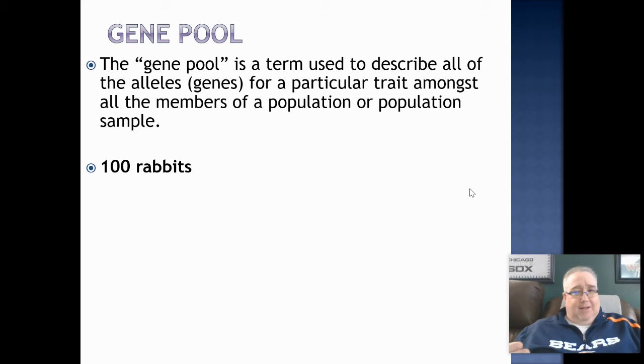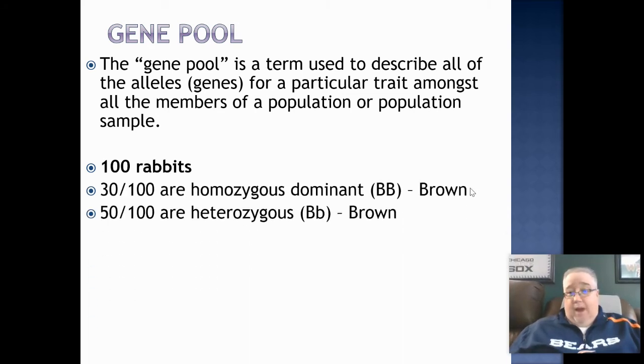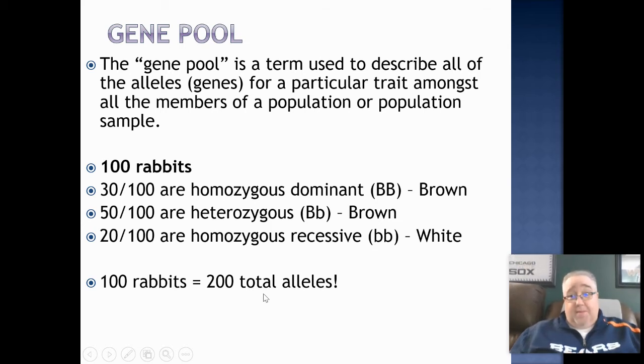How many alleles for fur color does every rabbit have? Every rabbit has two, right? Could be two dominants, could be two recessives, could be one of each. So if there's 100 rabbits, we can make the assumption that there are 200 alleles that we're going to be studying in this population sample.